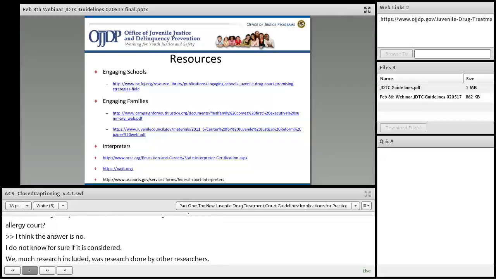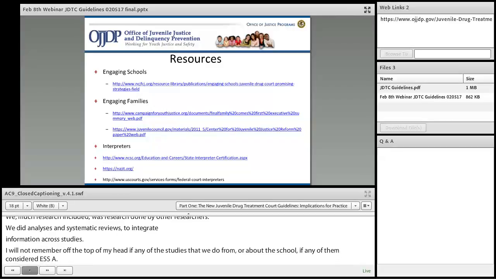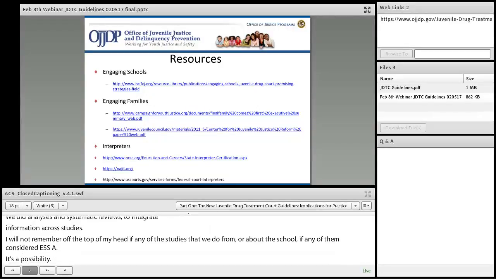I'm not going to remember off the top of my head if any of the studies we drew from about partnering with the school considered ESSA. That's a possibility, but we did not independently consult that law, or that policy, in order to pull together the guideline statement that we have.